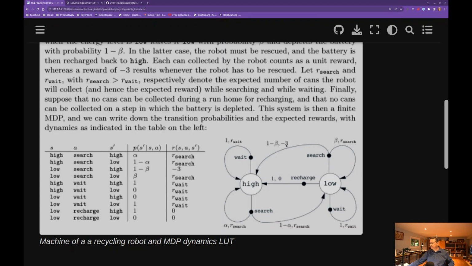The probabilities are associated with transitioning from a state, given an action, to another state. So S, A, S prime are the triplets that we have seen, and for each S, A, S prime triplet we have a corresponding reward.